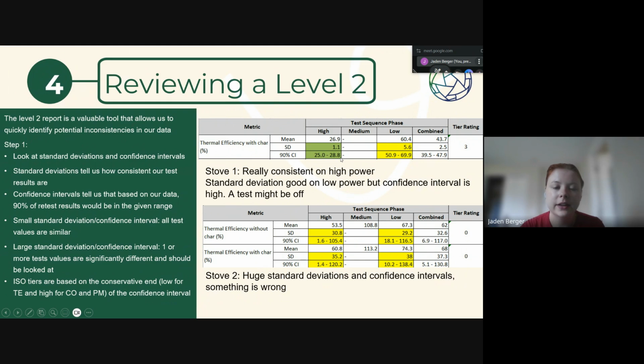And then it's going to tell you a 90% confidence interval. So this is saying that based on the data that we used to get this average, if we were to retest this stove, 90% of the time, those results would be in this confidence interval range.